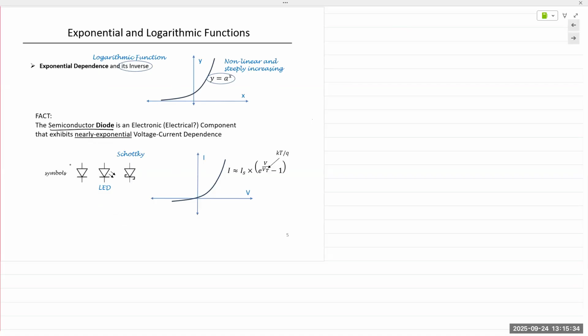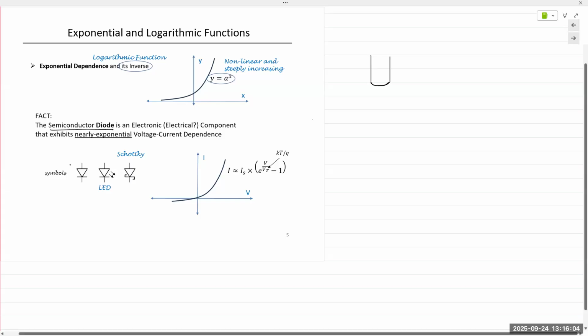The name diode itself comes from the fact that this was a solid state or semiconductor version of a vacuum tube diode. A vacuum tube diode would be like a glass cylinder which has vacuum. This is just for explanation purposes. And so you have this glass cylinder, and you had two electrodes inside this cylinder.